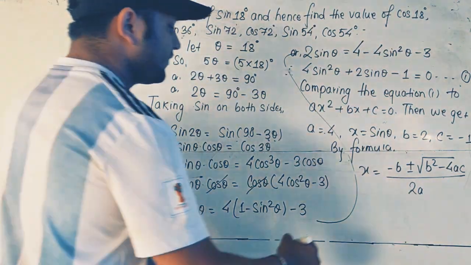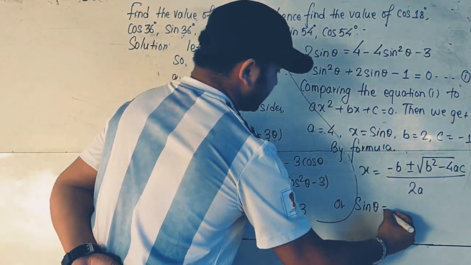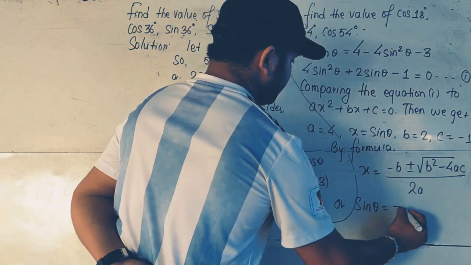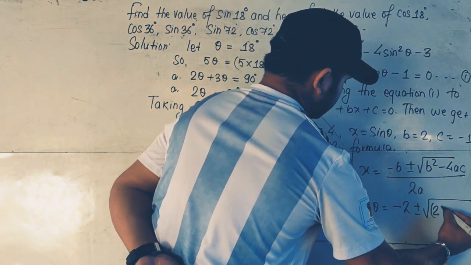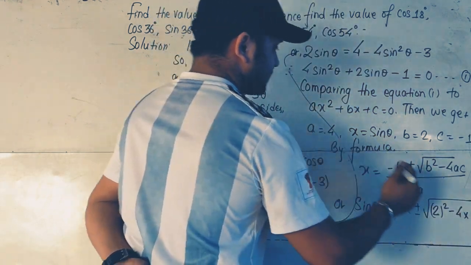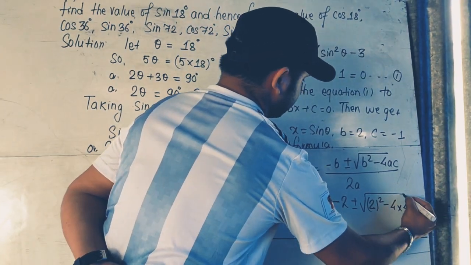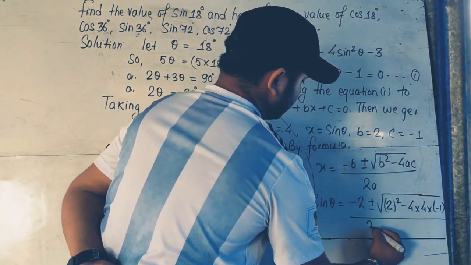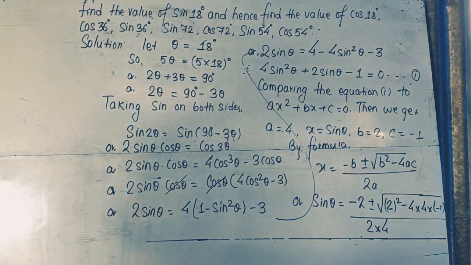Now we will substitute the values. In place of x we write sine theta equals, in place of b we write 2, in place of b again we write 2, and in 4ac, 4 is 4, the value of a is also 4, and the value of c is minus 1, divided by 2a. The value of a is 4 here. Now we will solve this equation.